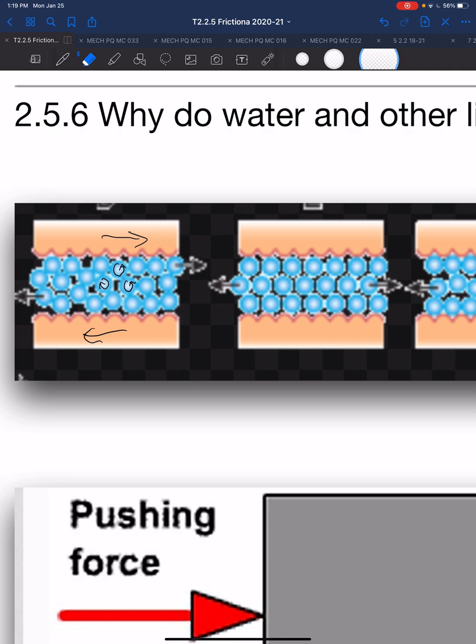And in the next diagram, to make a different point, even if a molecule is connected to the material above, the surface above, say your shoe, there are multiple layers of them and they're able to slide past each other.